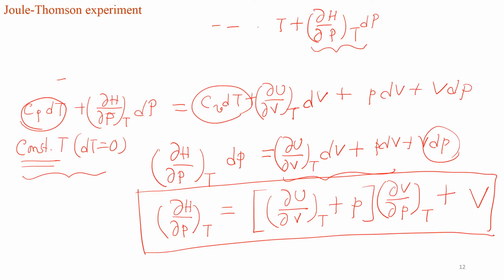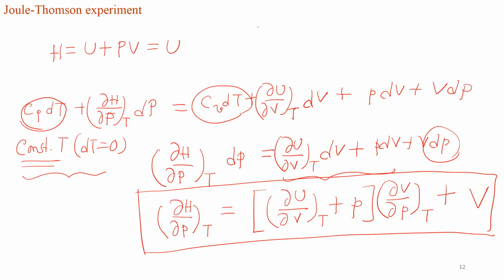Now let us consider what will be the value of this quantity for different systems. Let us consider first an ideal gas. For an ideal gas, we know that internal energy is a function of temperature only. Since H is nothing but U plus PV, which is U plus RT for an ideal gas, this right hand side is always a function of temperature, because internal energy is a function of temperature and RT is of course dependent on temperature.